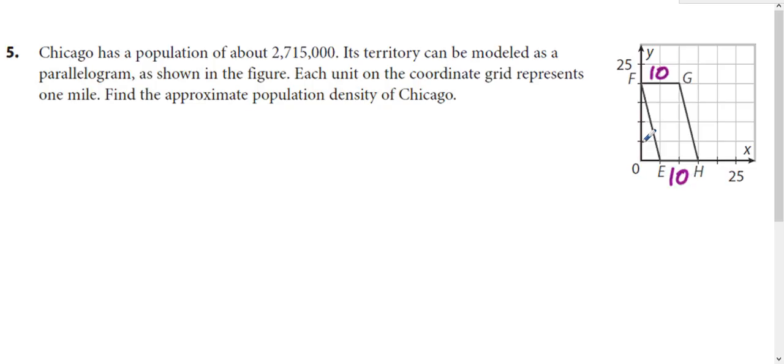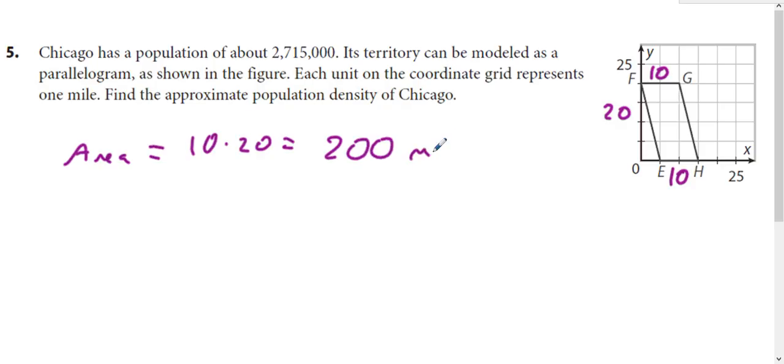The height is 20. So a parallelogram is base times height. So that area is 10 times 20, 200 square miles.